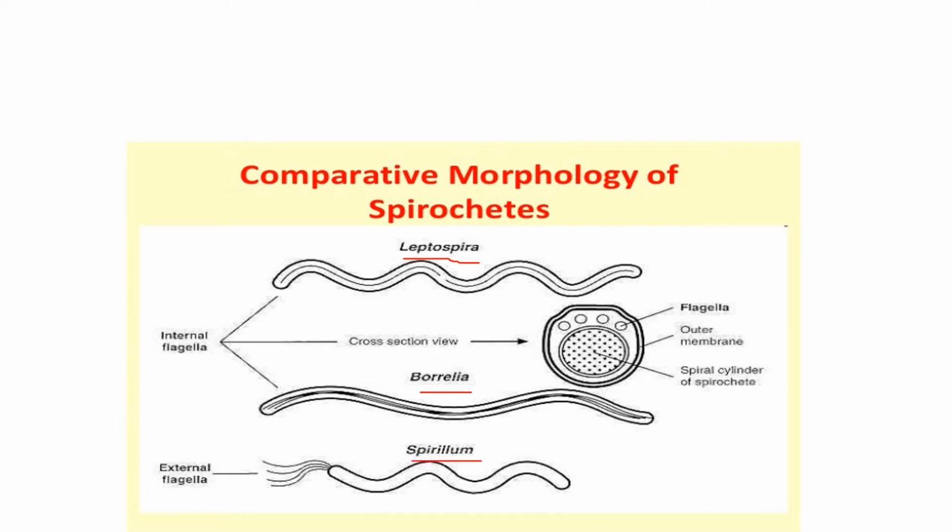This is the cross section of the internal structure of flagella, or you can say the cross view of Leptospira or spirochetes. These are the endoflagella, this is the outer membrane, this is the inner membrane, and these are the spiral slender forms of spirochetes.